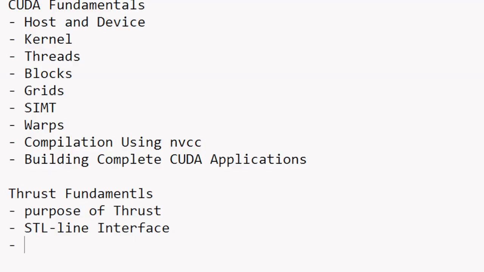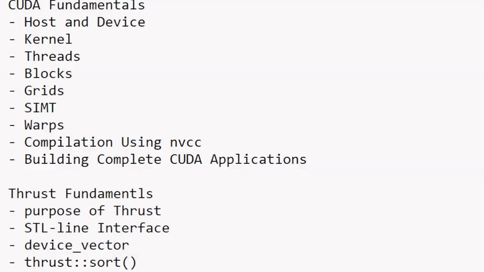And then we also talked about the device vector container. It is similar to the std vector container, but it stores the data in the GPU. And we talked about sort, the algorithm for sorting the container elements. We talked about reduce, to combine many values into a single result, such as computing a sum.